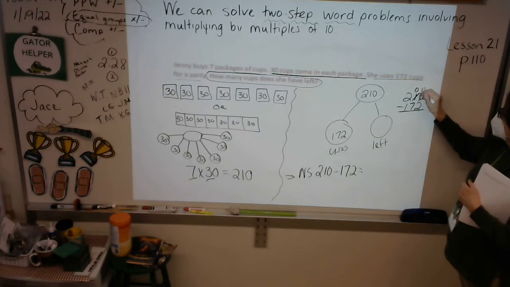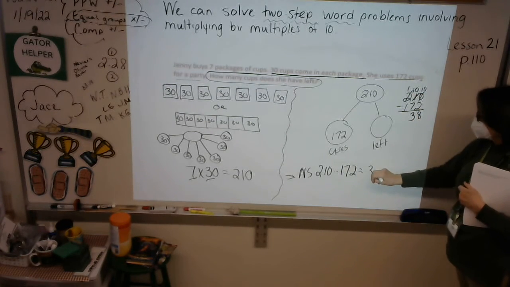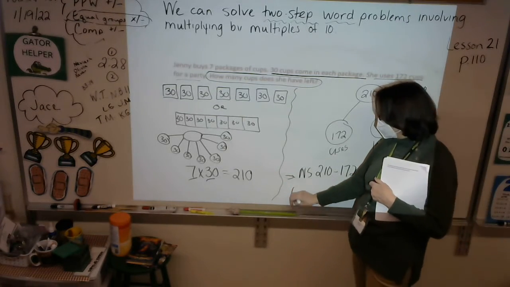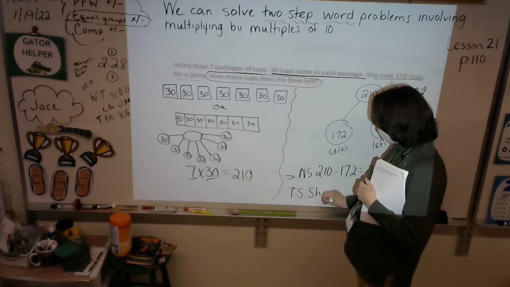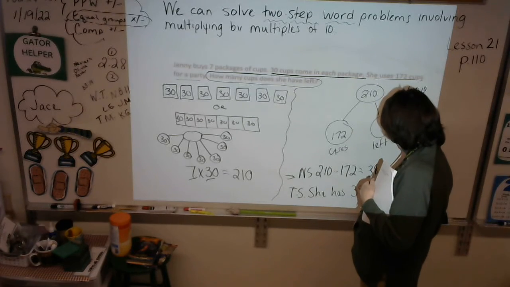Now we have 10 ones, 10 minus 2 is 8. We can't take 0 minus 7, so we have to unbundle again. This becomes 10, 10 minus 7 equals 3. Our answer is 38. What's the last thing we need, boys and girls? Yes. How many cups does she have left? She has 38 cups.